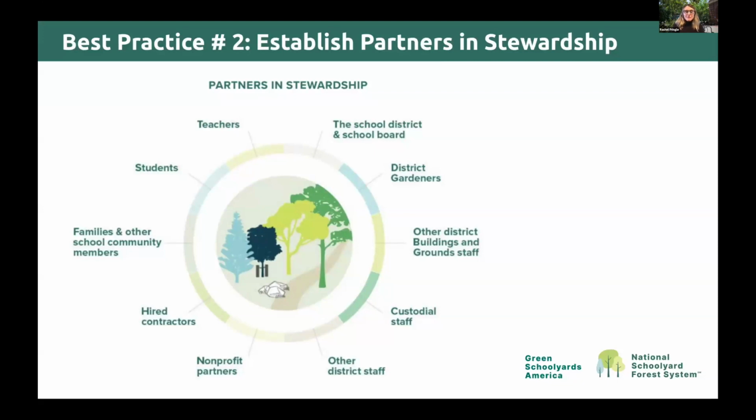Acknowledging these limitations and finding alternative solutions is really important. Often schoolyard forest elements are managed by other partners. In this diagram here, you can see the many other partners, and clear and consistent communication with district facilities or buildings and grounds, including district gardeners, is critical to building goodwill and rapport.